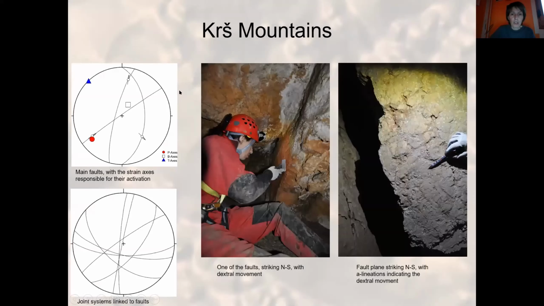Here are some measurements. The measurements were done in the cave called Fufa. It is in Mali Krš limestones, and you can see one of the faults striking north-south with dextral movement, of course, and also the striation of this another fault plane indicating also the dextral movement.